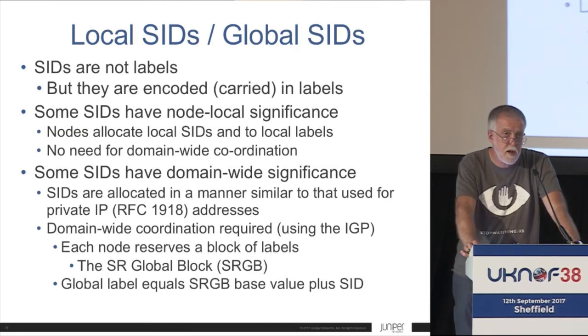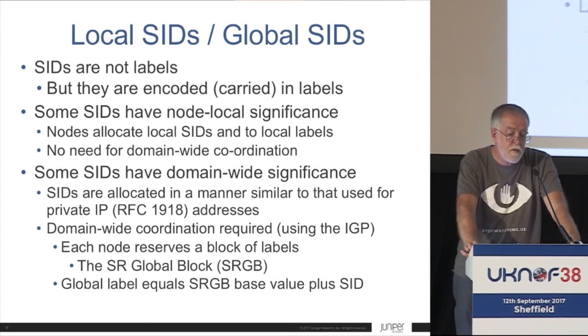And it's a slightly subtle distinction, but the important point there is that some of the SIDs have domain-wide significance, and we need to map them as we go across the domain, depending on how the different routers in the domain allocate their labels. So there has to be a way of allocating those SIDs and coordinating them across the domain for the node-wide significance.